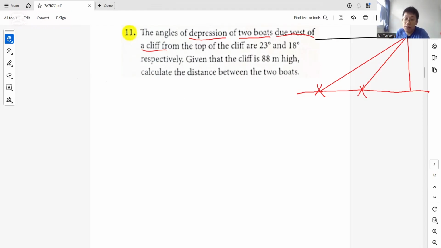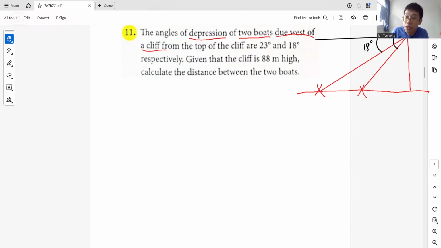So the black line is the eye level, and the angle of depression is created between the eye level and the path of sight to those two boats. So the 23 degrees must be bigger, right? So this is 23 degrees, and then this is 18 degrees.